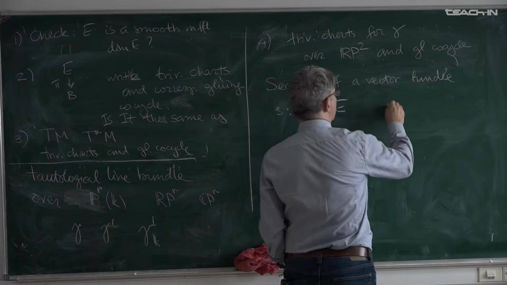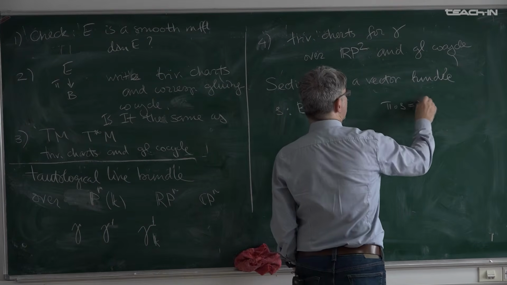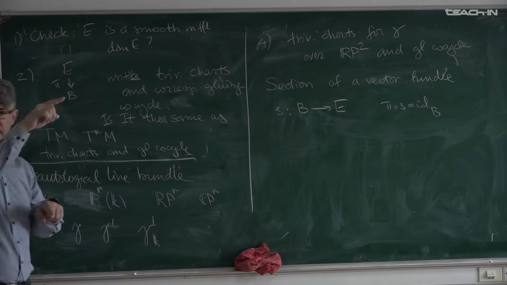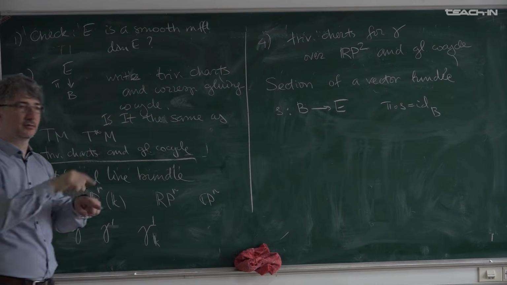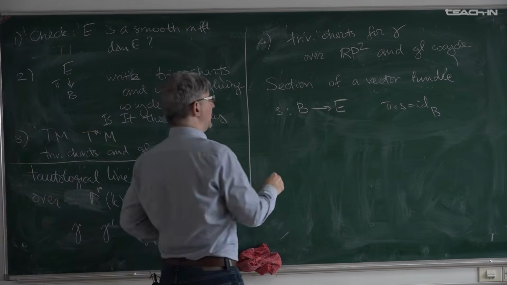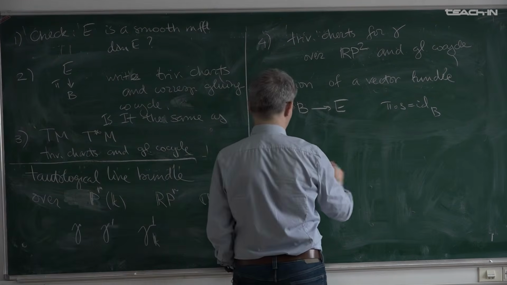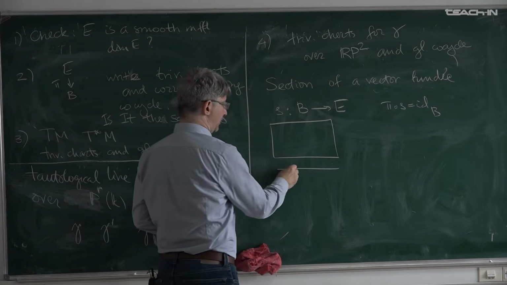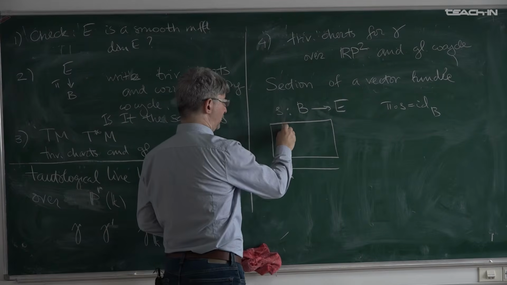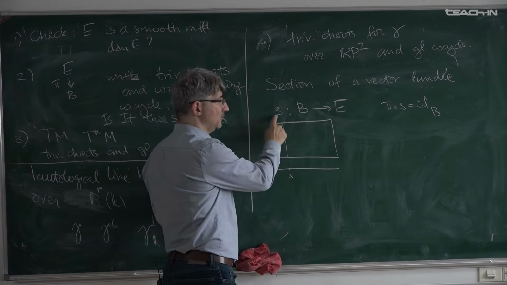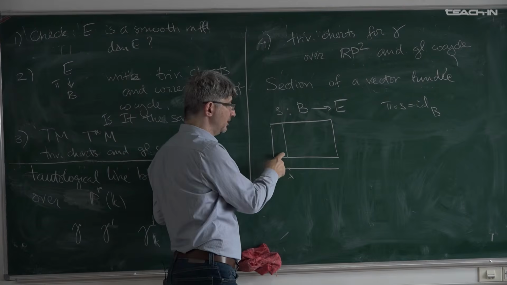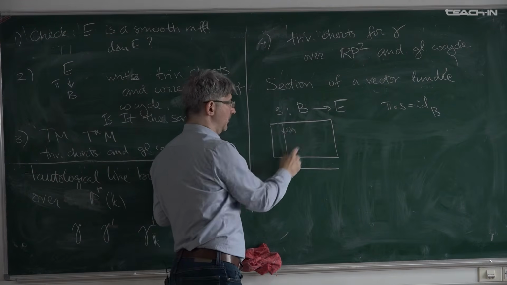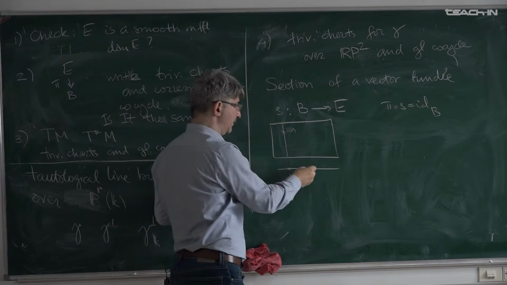Such that this composition is identity on B. So you take the section, you go from base to the total space and then project it back, then you should arrive at the same point. Roughly speaking, you should have in mind the following picture. You take point X, you see the fiber, and you choose the value S at the point X only in this subset, only here. Not here, not there, just in the fiber.